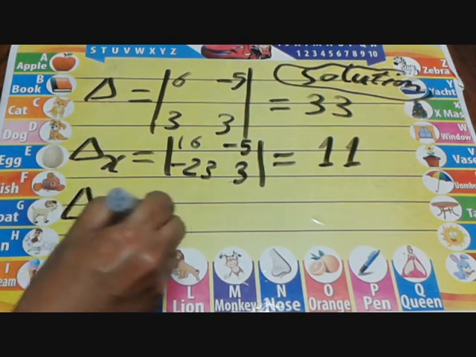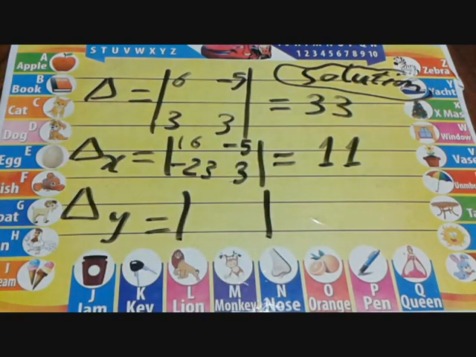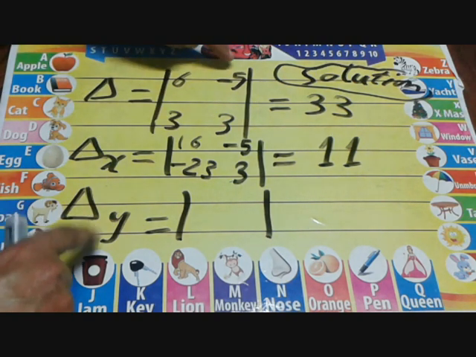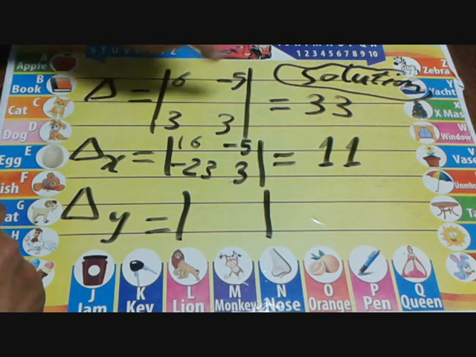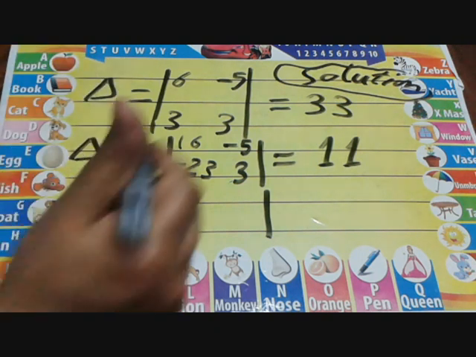Delta y equals this small determinant like this, but instead of negative 5, 3, the coefficients of y, we put the constants. What are the constants? 16, negative 23, put it here.